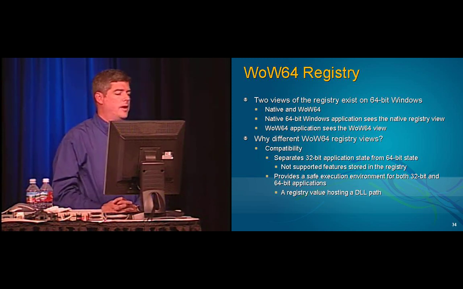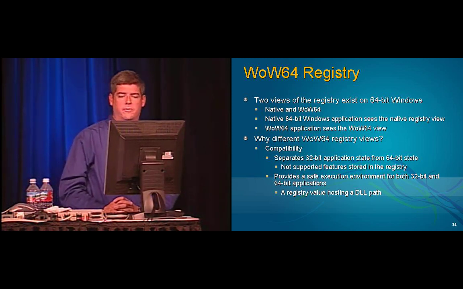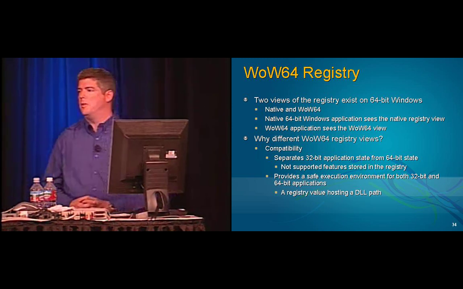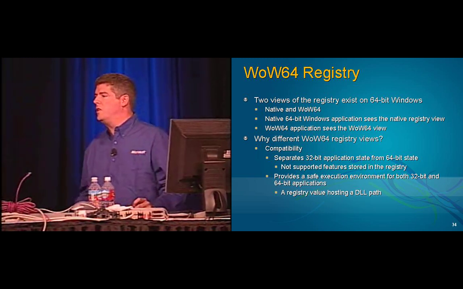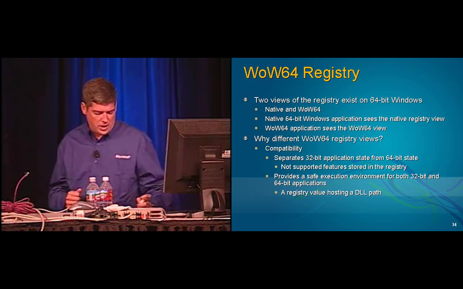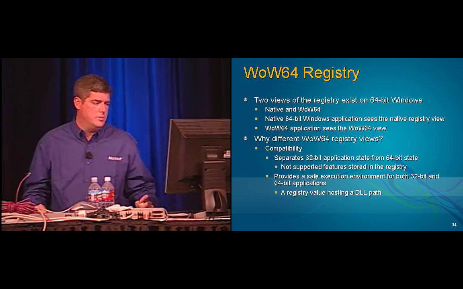And the 32-bit application may write something that's impossible for the 64-bit application to interpret. This allows us to keep both these things in the registry. It provides a safe execution environment for both 32 and 64-bit applications. They are separate, however, and it's very much akin to the virtualization layer that Karthik was talking about earlier. However, it's strictly between 64 and 32-bit processes.